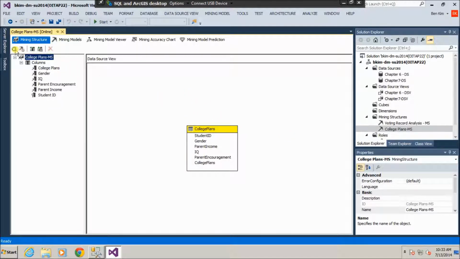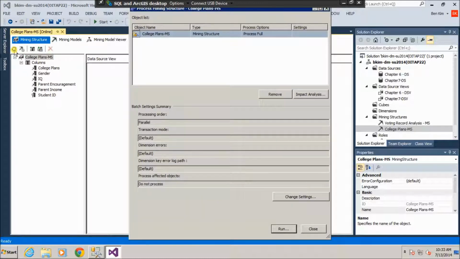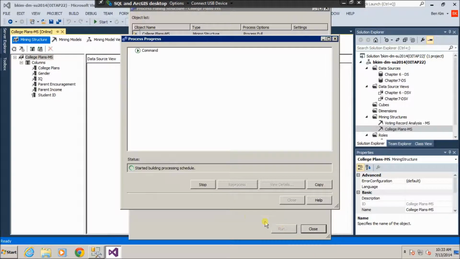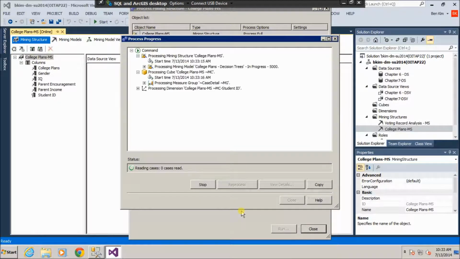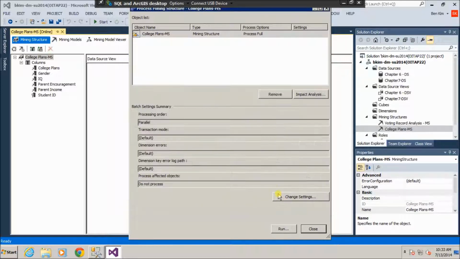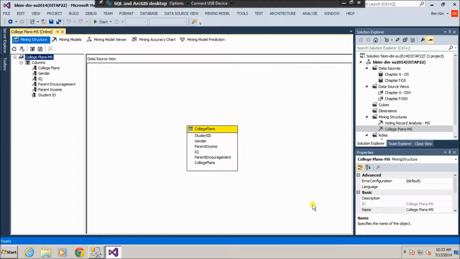Can you see the little icon here? This one is for the processing, meaning we have to read the data and then do some number crunching. So what else? Run. So they're doing all the number crunching. Looks okay. Succeeded. Close and close.